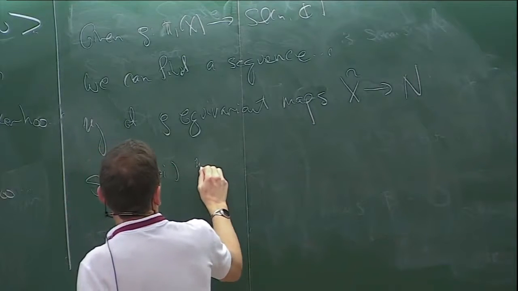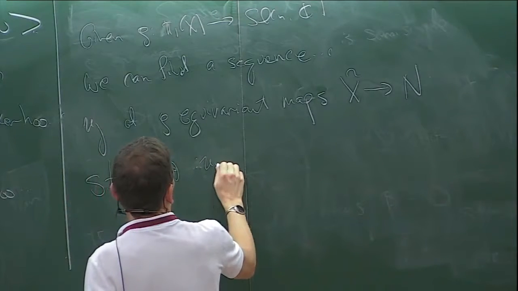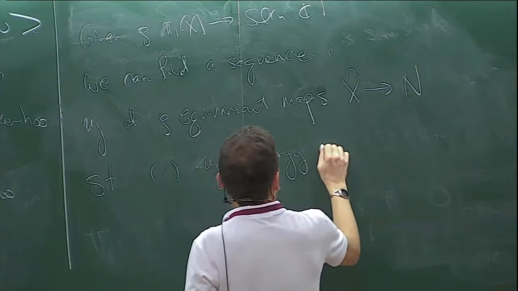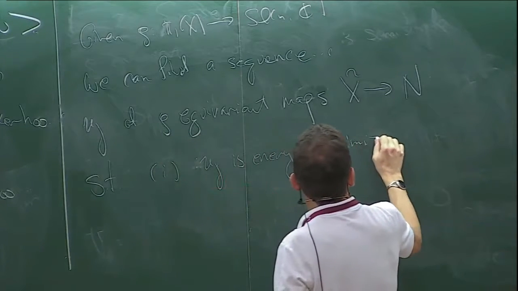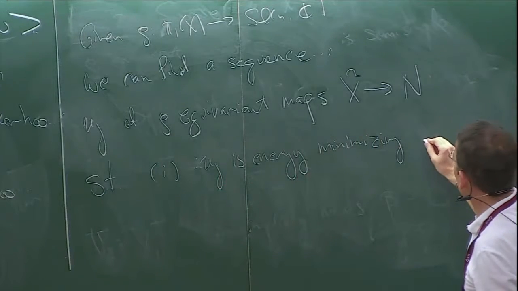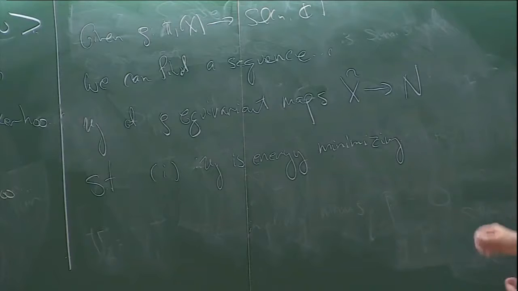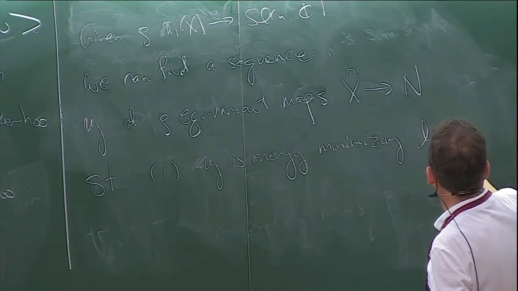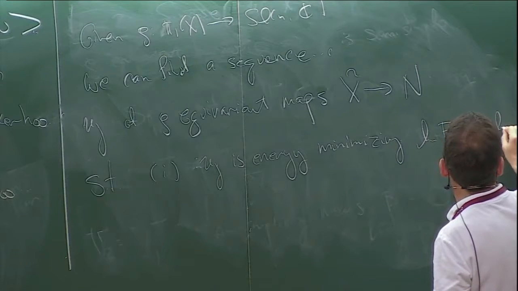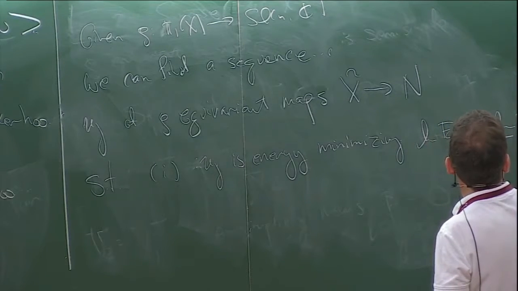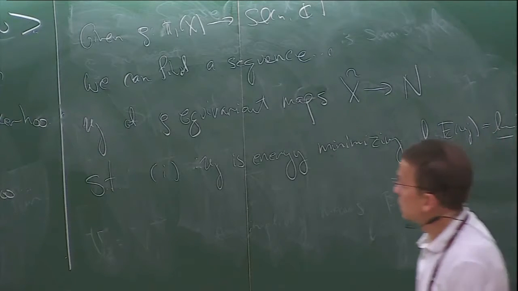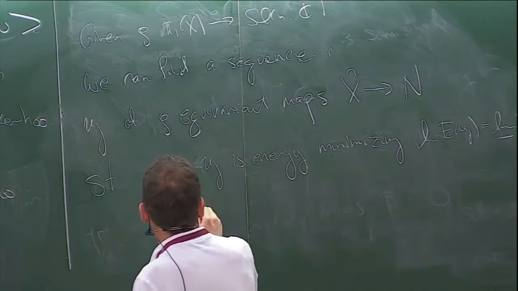One is that the uj are energy minimizing, so the limit of the energy of uj is equal to the infimum over all rho equivariant maps. So it's an energy minimizing sequence, and the uj have a uniform Lipschitz bound.